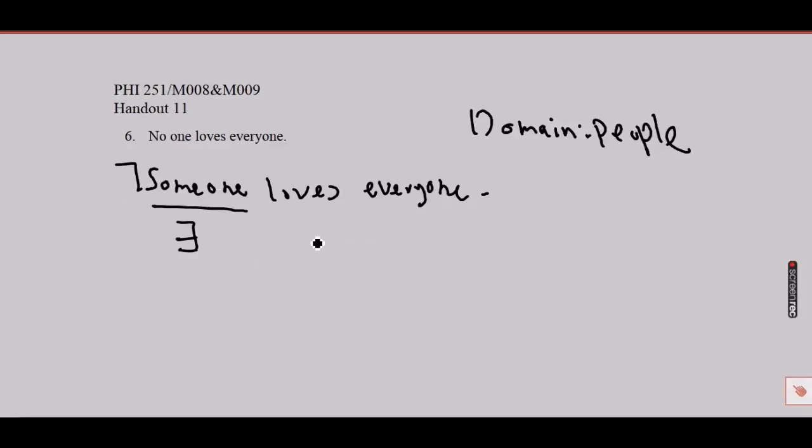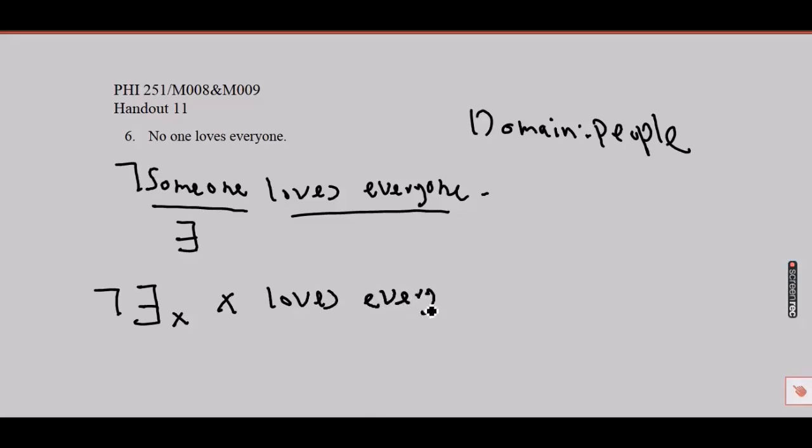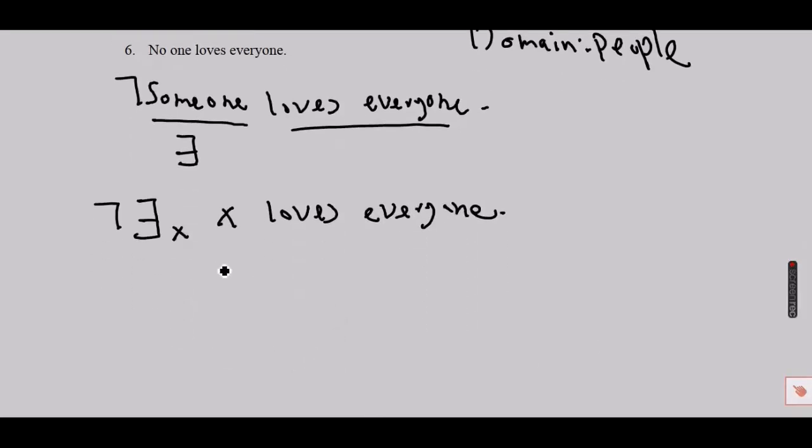Again, we don't have a restrictor predicate, so this whole thing here is the main predicate. So let's deal with it. It's not the case that there is some x such that x loves everyone. And for x loves everyone, we're going to say for all y in the domain of people, x loves y, right?